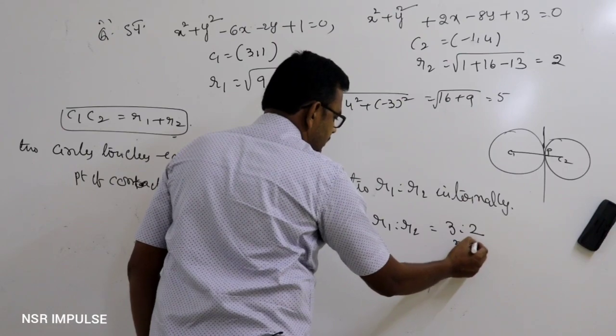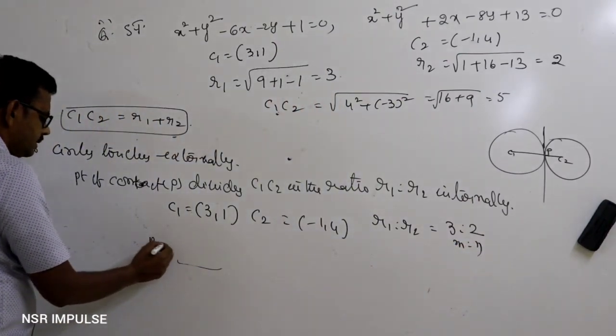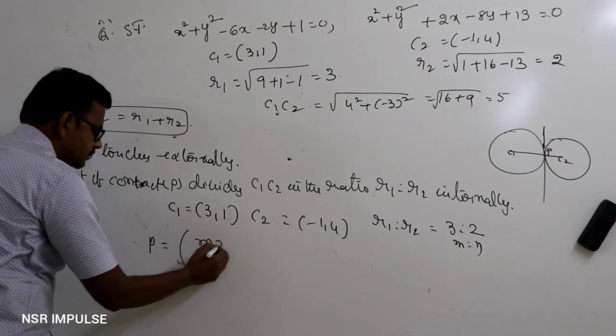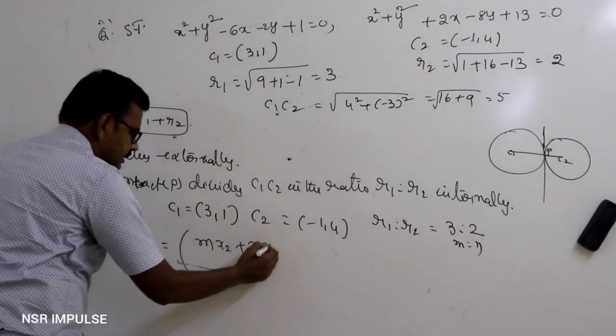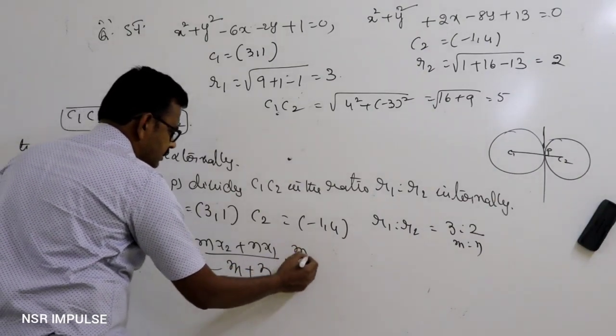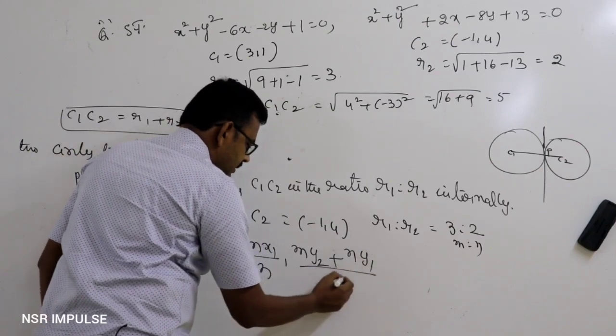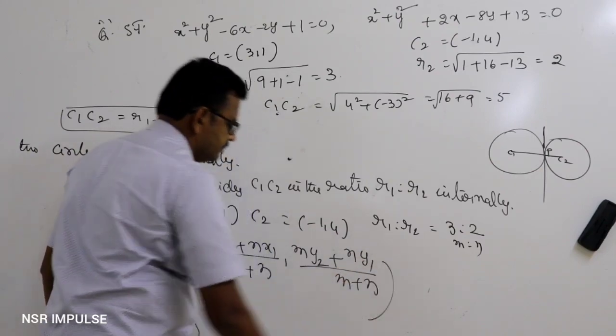So this is m is to n. So this is (x1, y1). Therefore, point of contact P equals (m x2 plus n x1) by (m plus n), comma (m y2 plus n y1) by (m plus n).